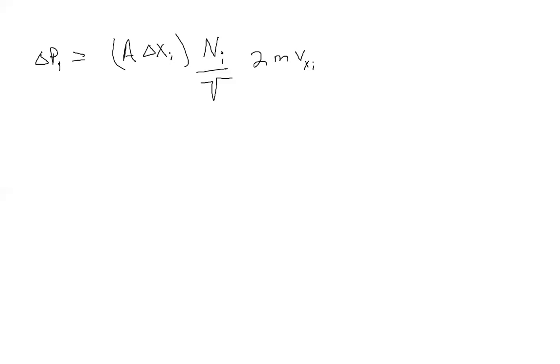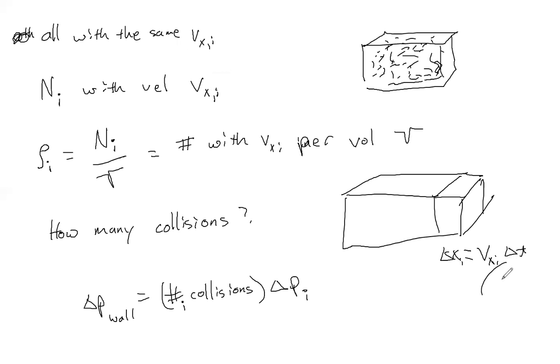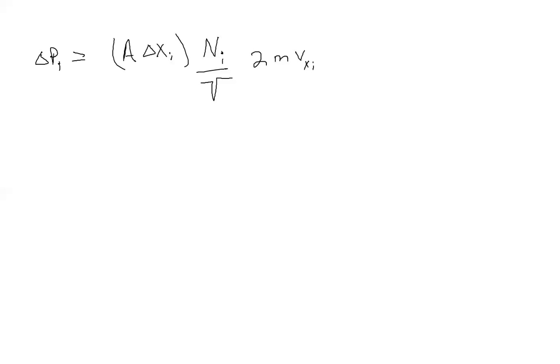Now, using my formula that the width is related to the velocity, I get that this is the area times delta t times the velocity in the x direction times the number of particles with that same velocity in the entire volume over the total volume times 2m Vxi.